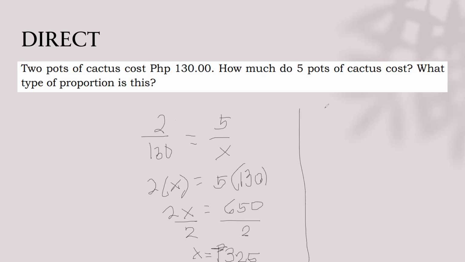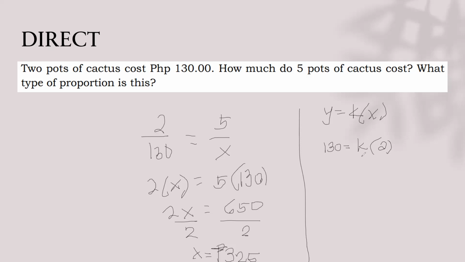Since direct proportion, ibig sabihin daw niyan, y equals kx. Okay? Kung ito raw ay y, which is 130, at ang k natin ay nawawala, ilang pots daw pag 130? 2 po.